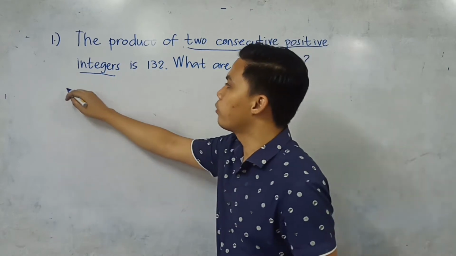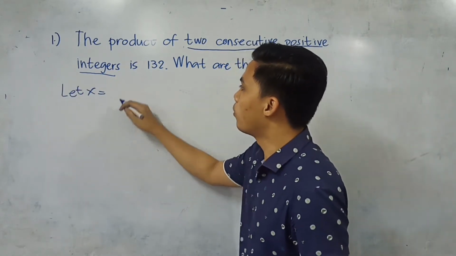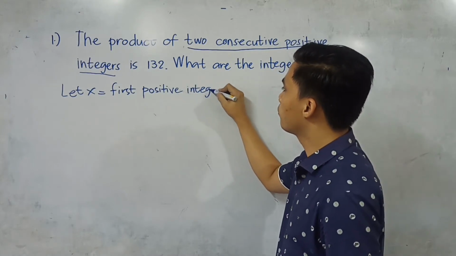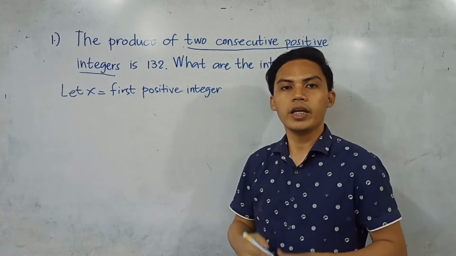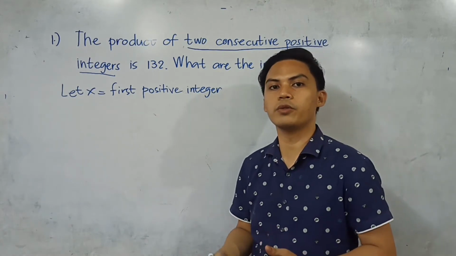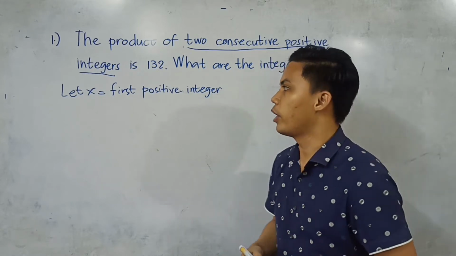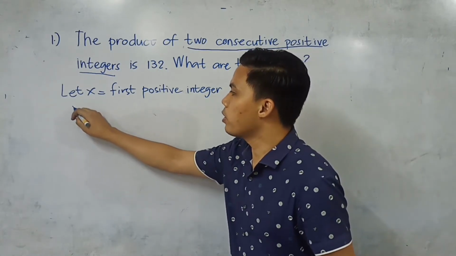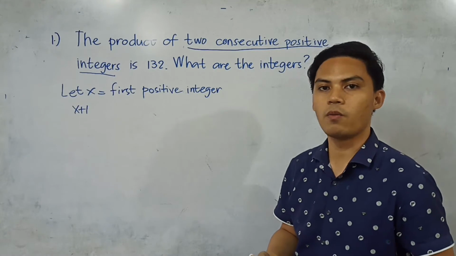Let's now make our representation. So, let x be our first positive integer. Now, kung x yung first positive integer natin, the next consecutive integer would be greater than 1 or mas malaki ng 1. Kaya, ang representation sa next consecutive integer natin would be x plus 1.